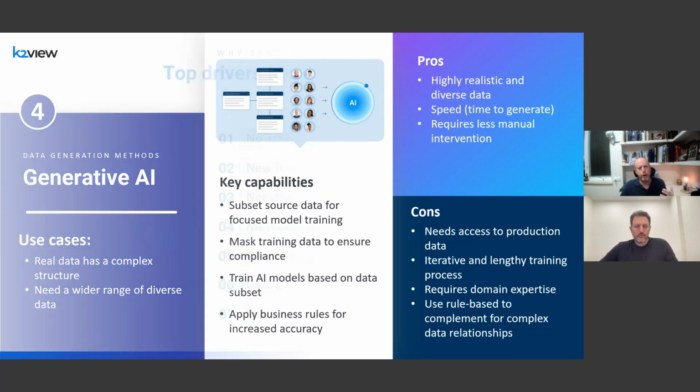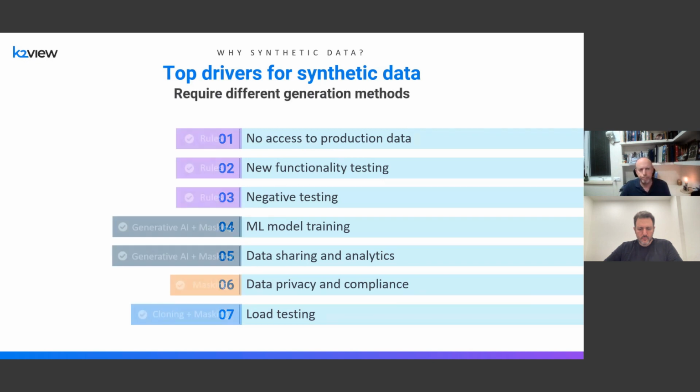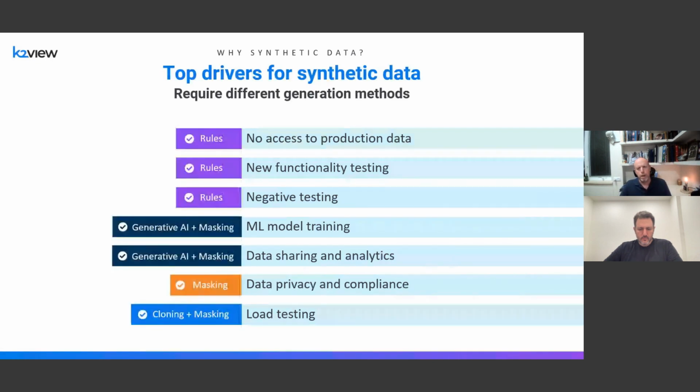And just to summarize, let's try once again to take the key use cases and match them against the four methods. Once again, the rule-based method will probably be great for cases when real data does not exist or you cannot use it for compliance reasons. So these are the first three cases we have here.